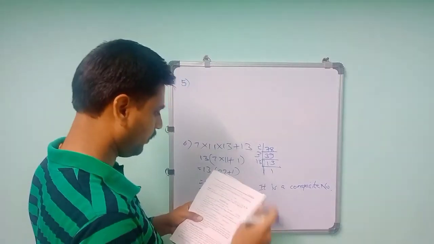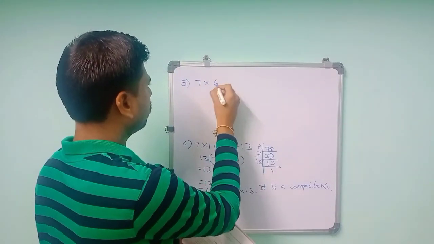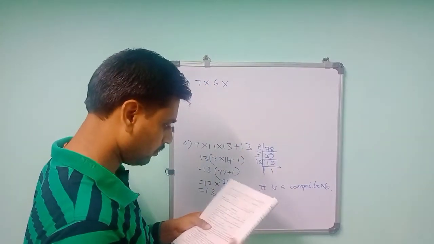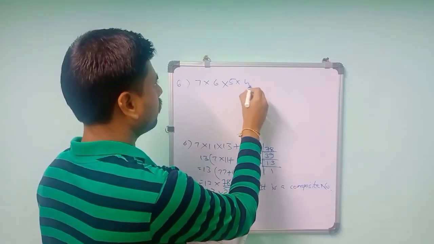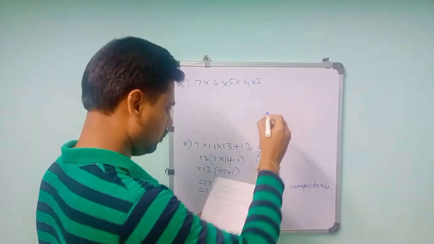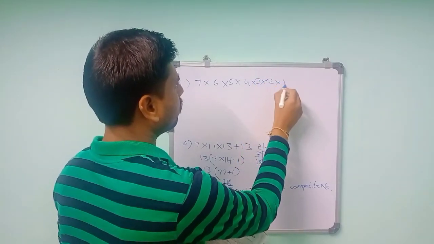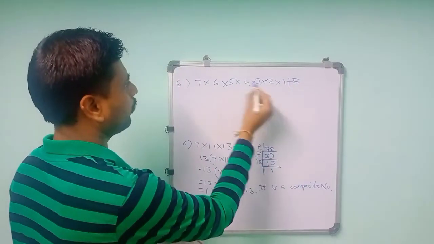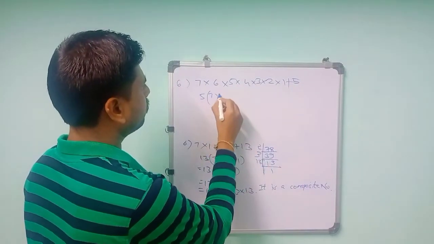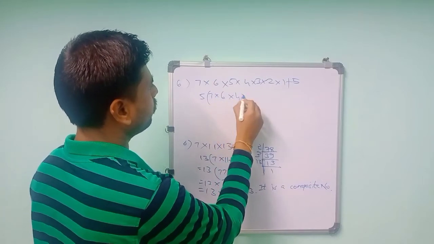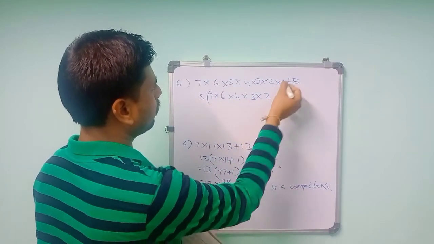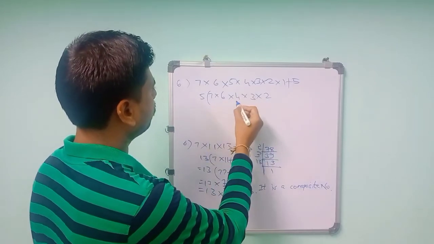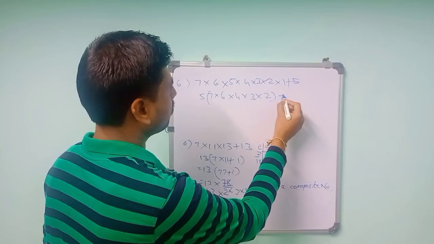Which is common? 5 is common, so we take 5 only: 7 into 6 into 4 into 3 into 2 plus 1, into 5. We can negate 1, because anything into 1 is the same number only.